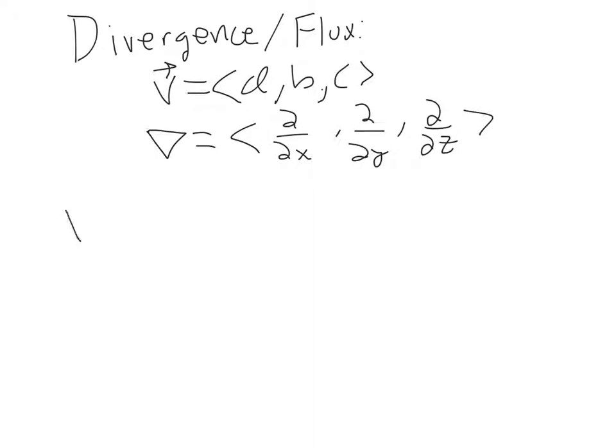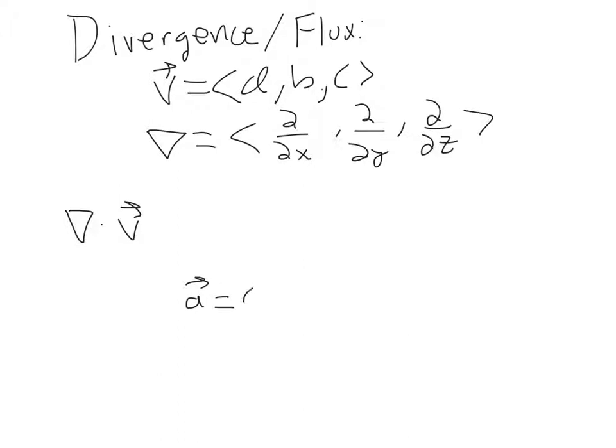Divergence is denoted as del dot the vector, and I'm assuming that you all know how to do a dot product, but just for review, we'll just use two variables for brevity's sake.